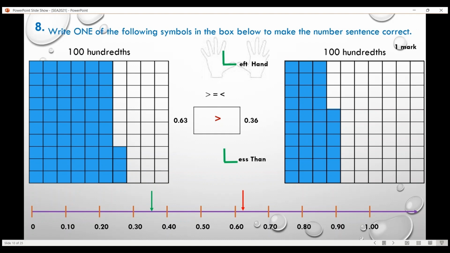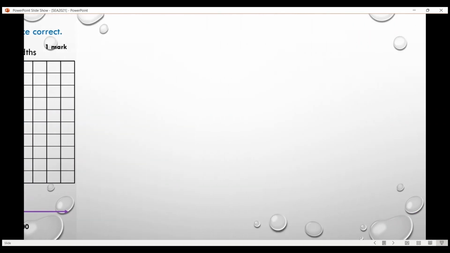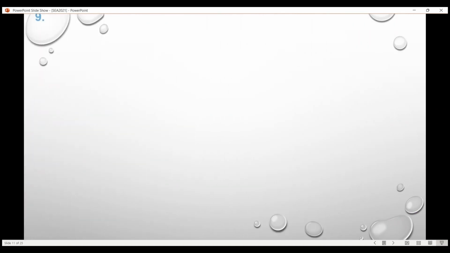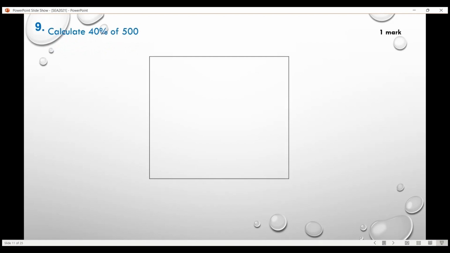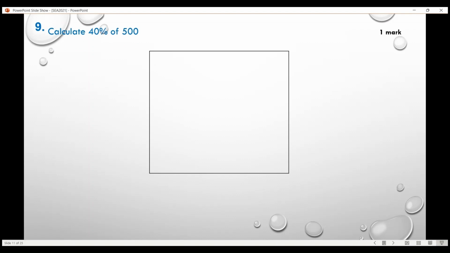All right, let's go on. Let's go look now at the next question. In number 9, it's asking us to do a percentage question. Calculate 40% of 500. And there's so many different ways that teachers show students here. One of the ways is we can look at the same idea of this very large square, consider that to be a whole, and let's say that square is worth 500.